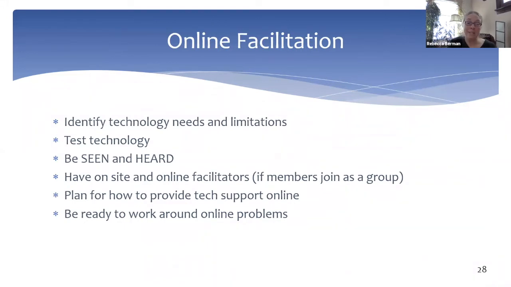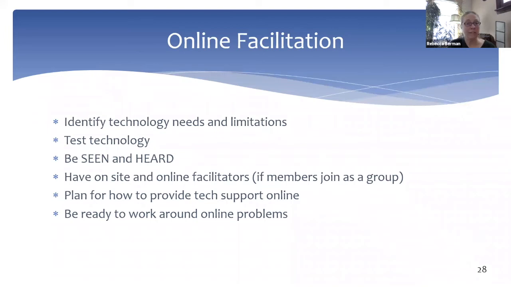So sometimes things don't work out as planned when there's online facilitation, as we are all well aware of now. So we need to identify the technology needs ahead of time, and especially when there's a researcher, knowing who will need to send the invitation for an online meeting. Sometimes we have groups who meet in person physically where they reside, and the researcher is the only person online.